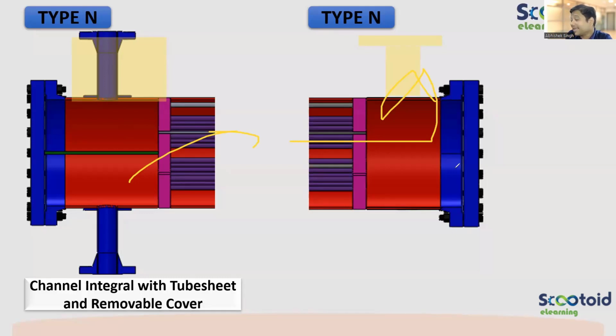B opposite is M. Mirror of B is M type. Okay, I'll just go to the back slide once again.